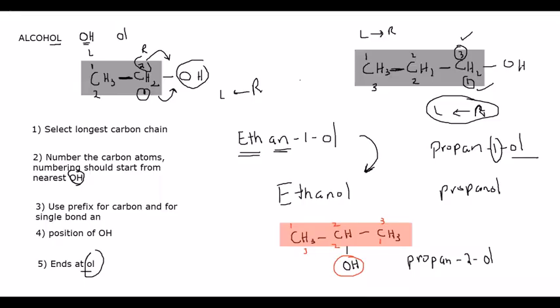Finish writing this. Carboxylic acids. So carboxylic acid, they have a group which is called C double bonded with O and OH.